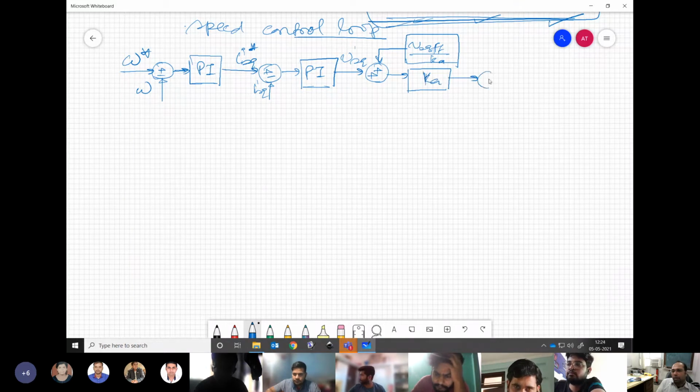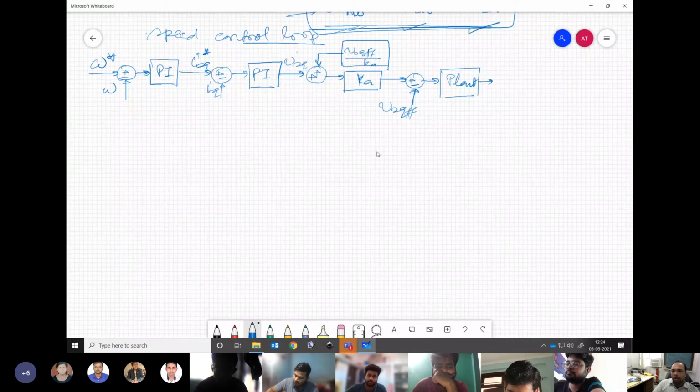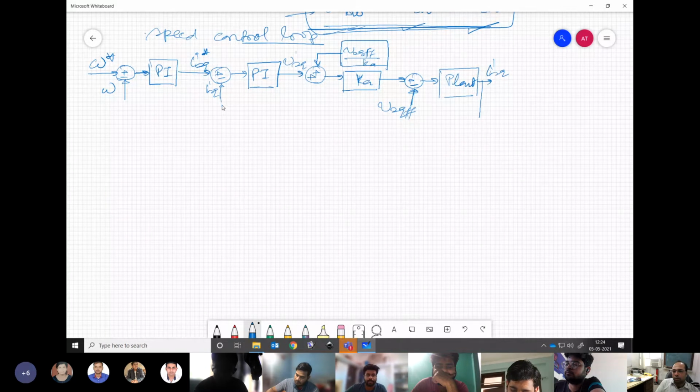And then comes our term which is getting subtracted, which is equivalent to what we have added in the feed forward. And then we have our plant for the current loop. And this plant is generating ISQ. So this closes over here.